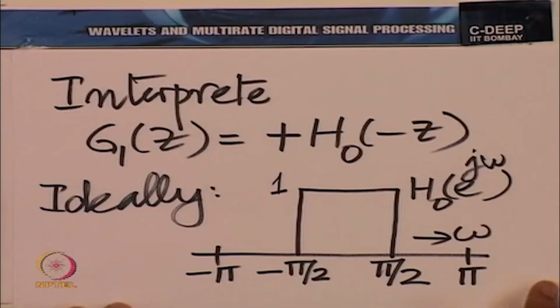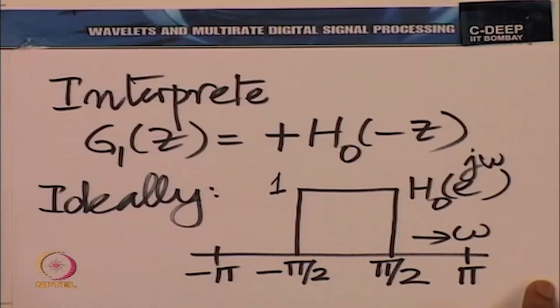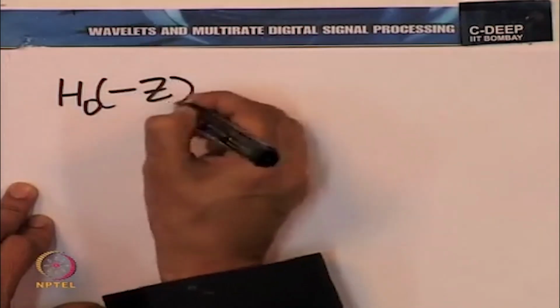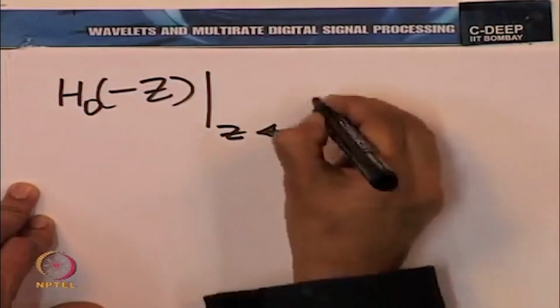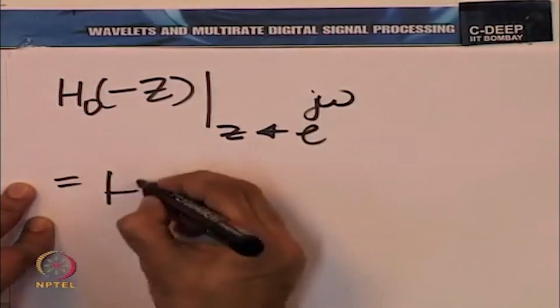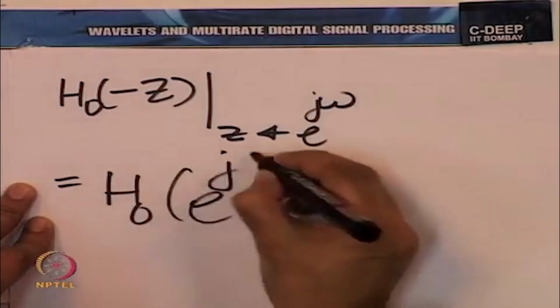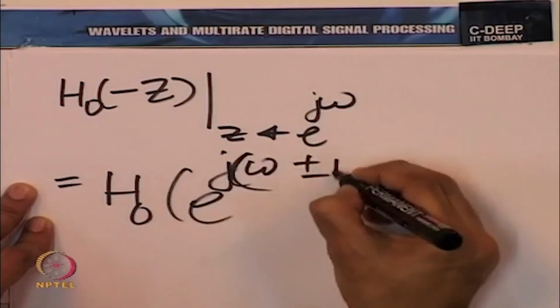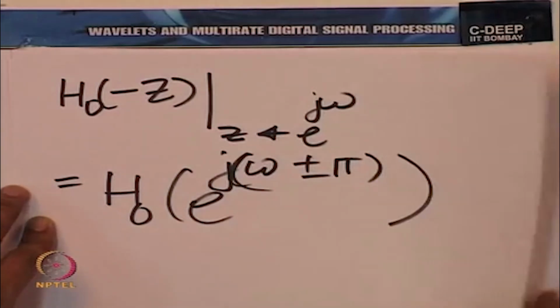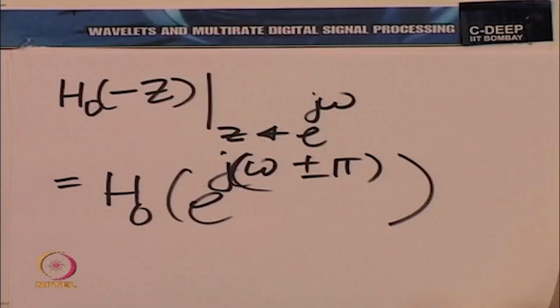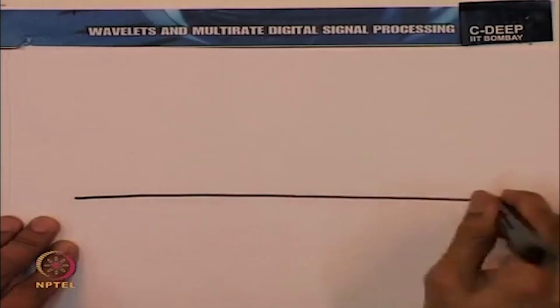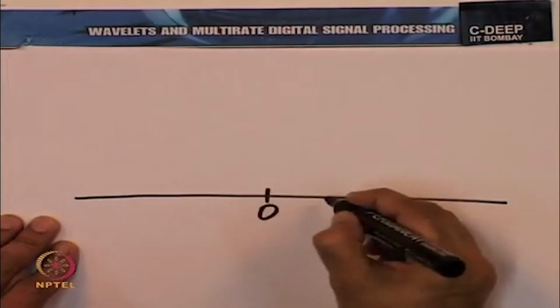So, what would h 0 e raised to the power j omega plus minus pi look like? Or in other words, what is h 0 of minus z then? H 0 minus z with z replaced by e raised to the power j omega is essentially, of course, as you know, h 0 e raised to the power j omega plus minus pi. And that, as you can very easily infer, looks like this. Again, let us use the strategy of zooming and then contracting back again.